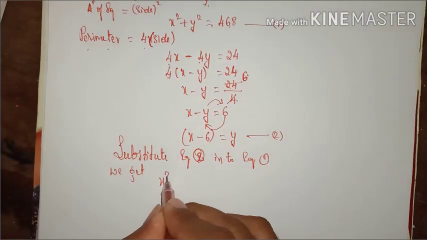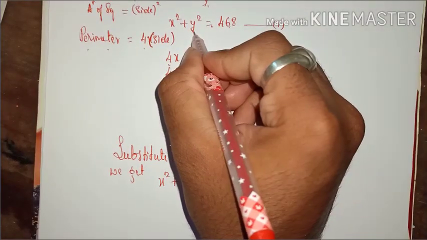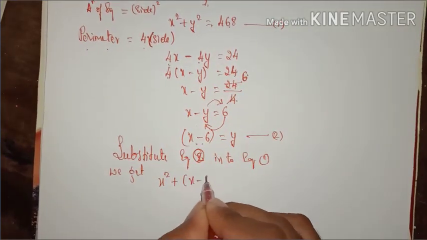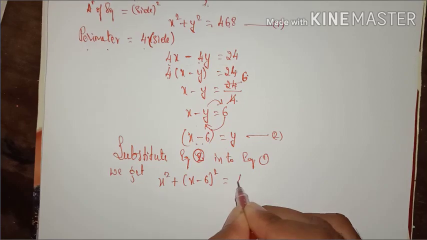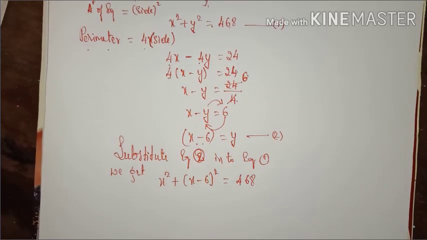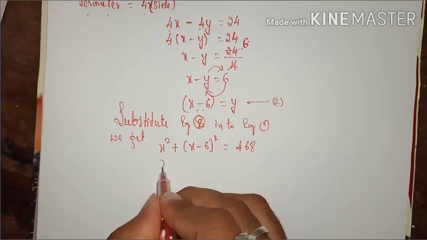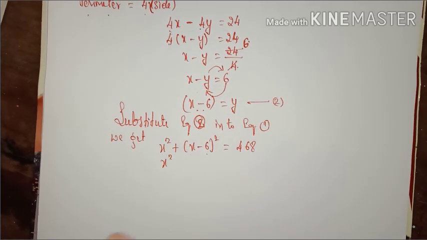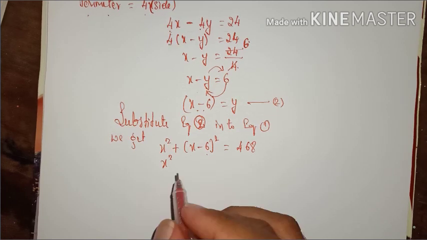So here it is x square as it is, and I know the y value, that is x minus 6. Let us substitute: x square plus (x minus 6) whole square equals 468. Let us simplify this one. x square as it is. Then the second term looks like the a minus b whole square identity, right? Yes, definitely.